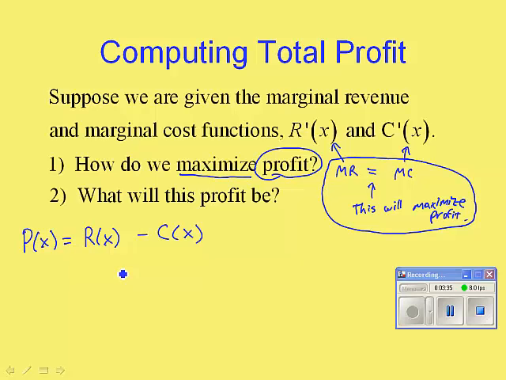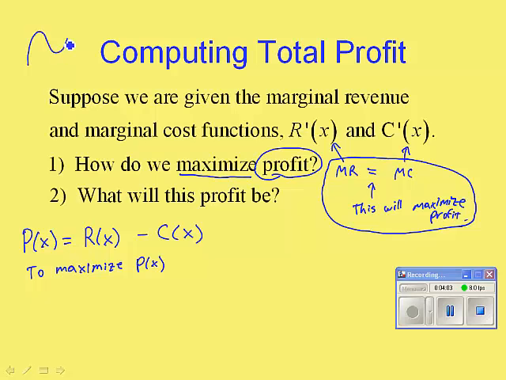Okay. Now I'm going to go back to Calc 1. To maximize P of x, to find the maximum value of P of x, what do we do? I don't want to think about this at all other than just as a math class.